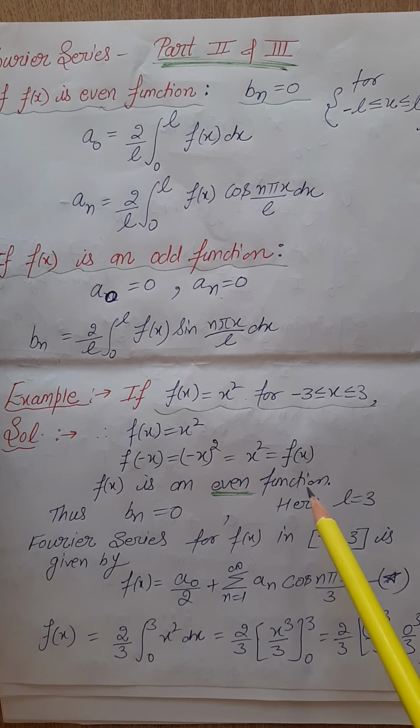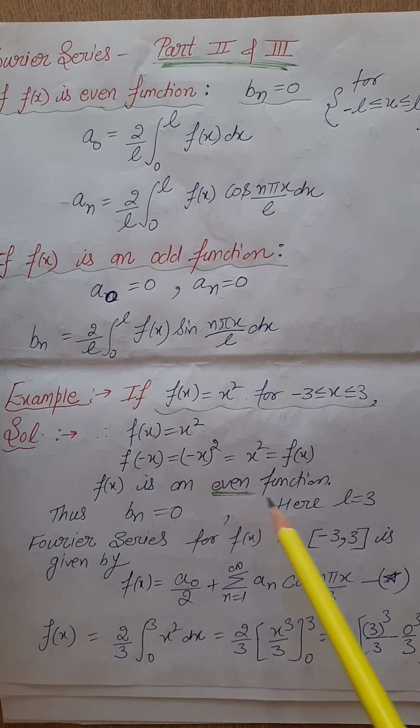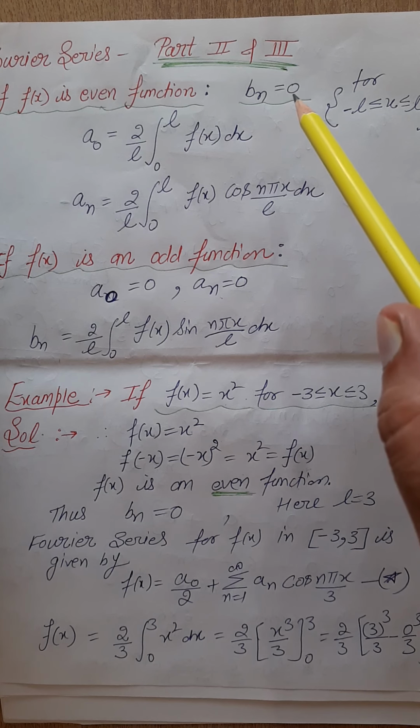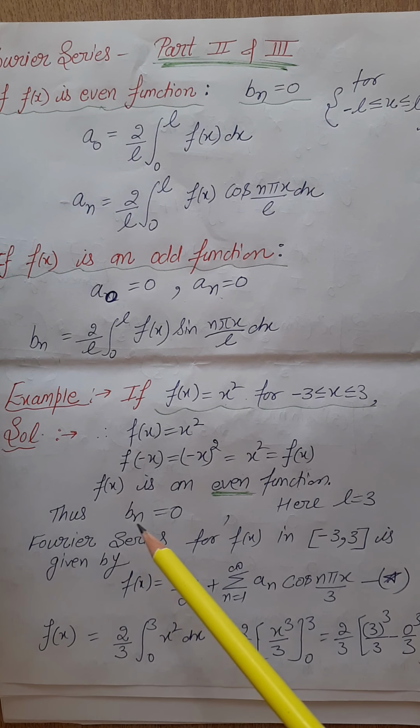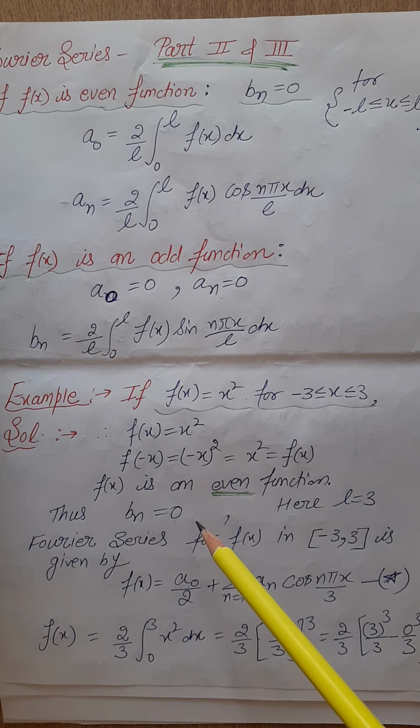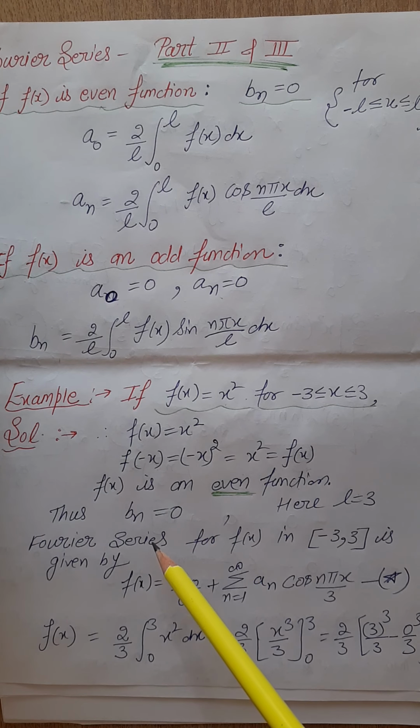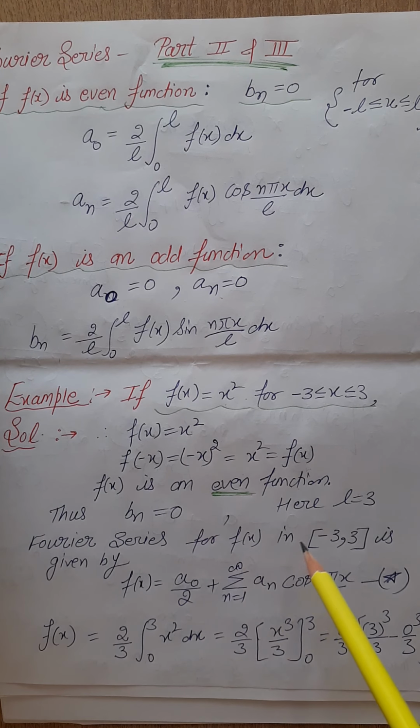But in this question, f(x) is an even function. For this, we apply our above formula and Bn is equal to 0. So, we find our Fourier series for this interval.